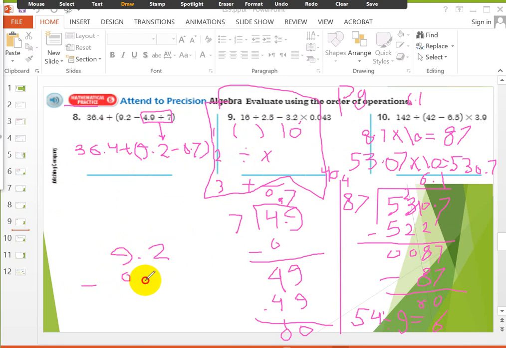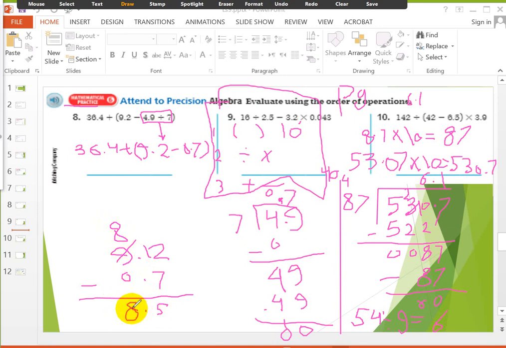You know that I have to order the digits under each other, and then I will find the subtraction. 2 minus 7, what do I have to do? I have to borrow from the 9, so it will be 8, and this one will be 12. 12 minus 7 equals 5. Then I have to place the decimal point here. 8 minus 0 equals 8.